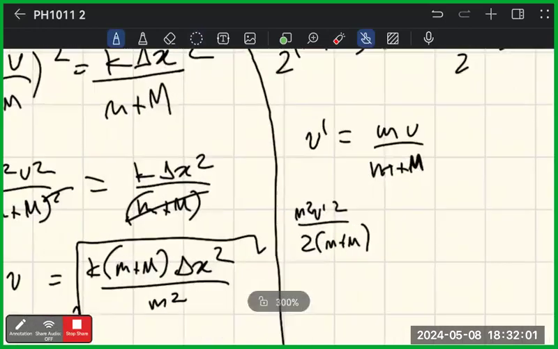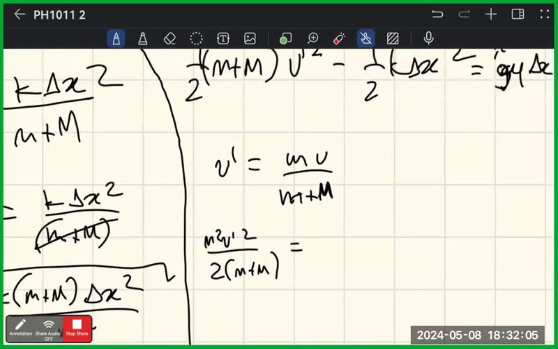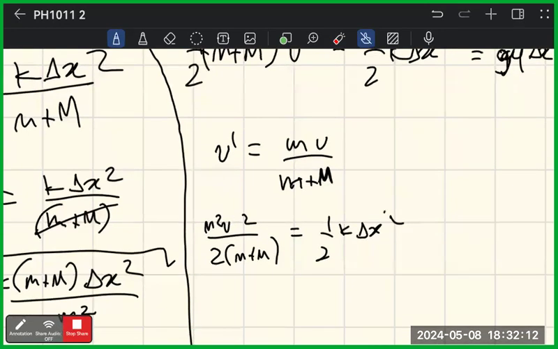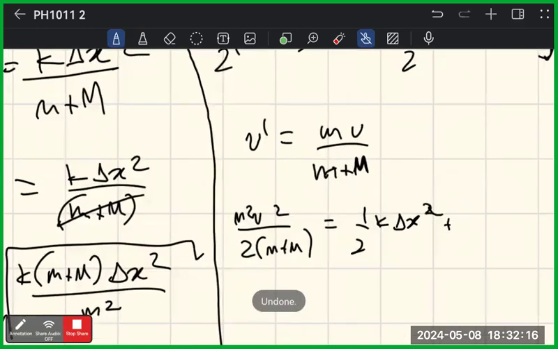It's correct. Equals half of k delta x squared plus (m plus M) g mu times delta x.